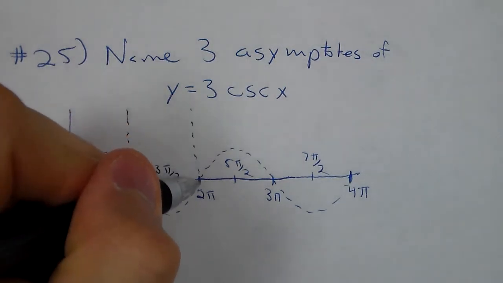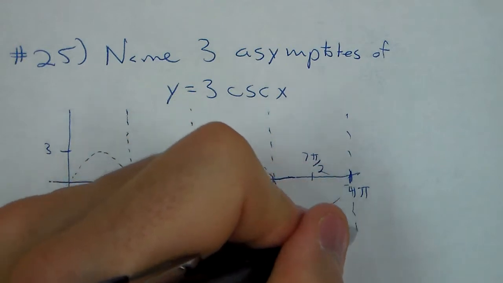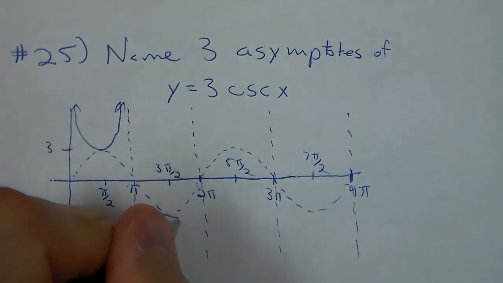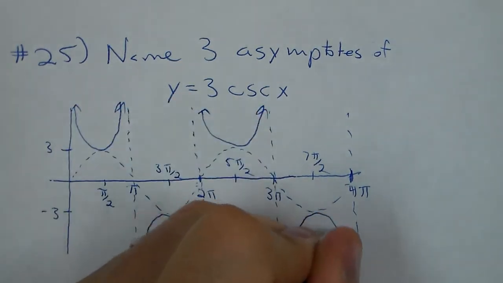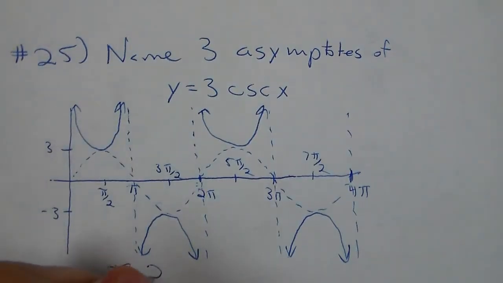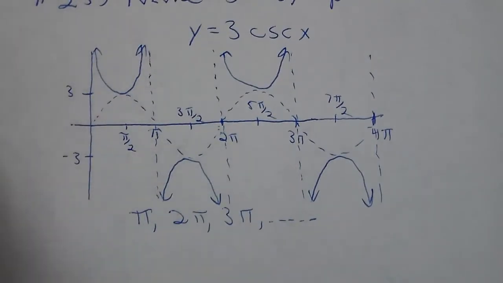So I'm just going to draw vertical lines in there. And now we can come in and draw 3 cosecant x. And so now the asymptotes are going to be pi, 2 pi, 3 pi, and it looks like it's going to be any integer multiple of pi where those asymptotes will occur.